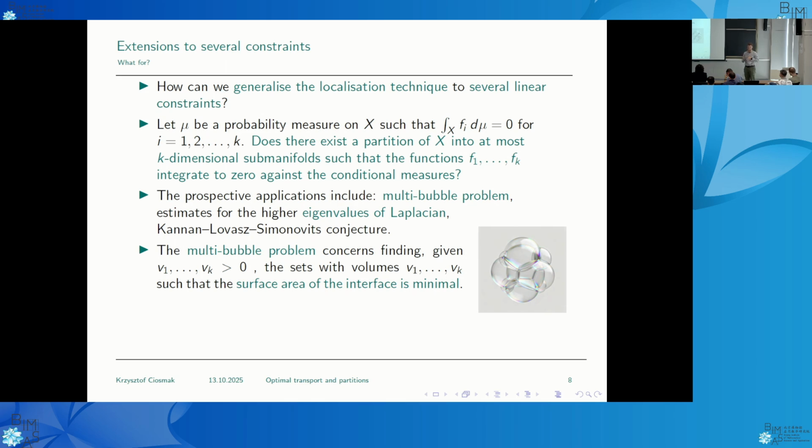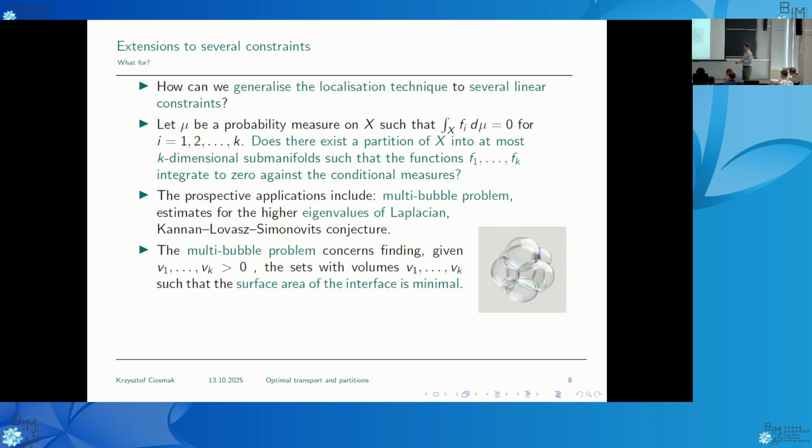But the surface area coincides with the surface area of the interface. So a generalization is that if we look at some number of volumes, V1 up to Vk, then we would like to find a partition of our space into these sets of these volumes in such a way that the surface area of the interface is minimal.